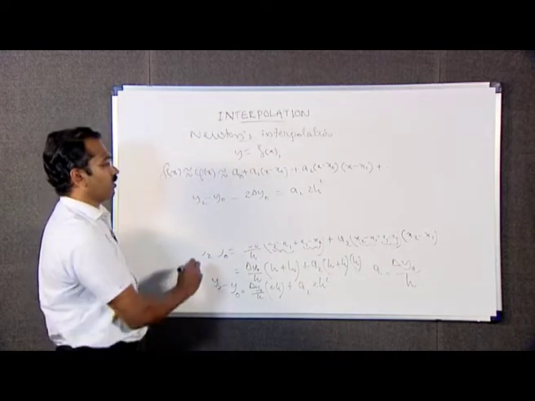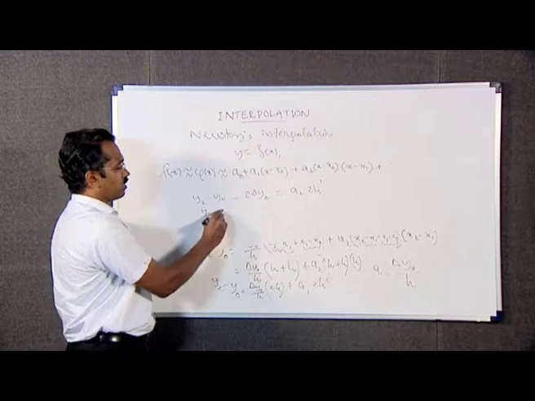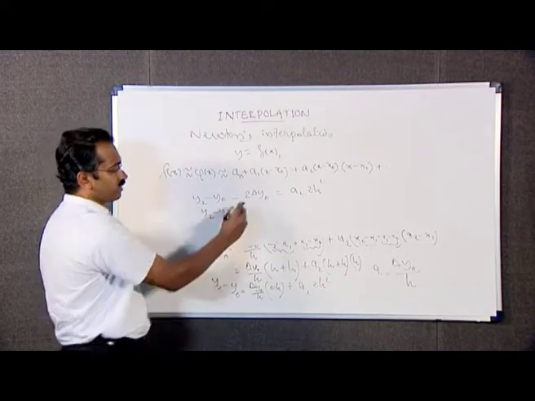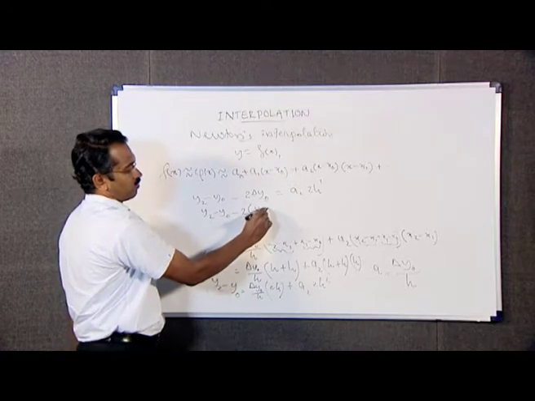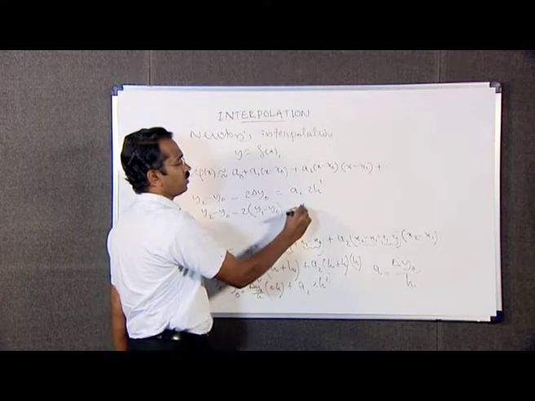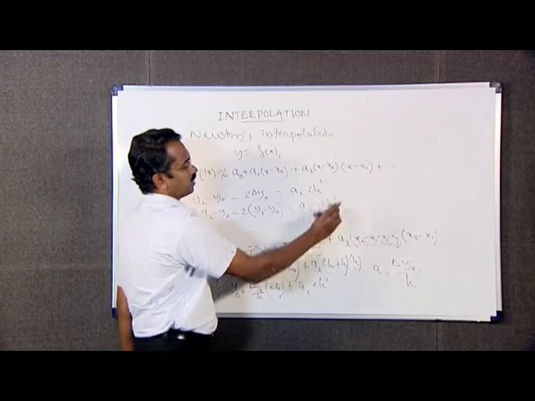That is y2 minus y naught minus 2 times delta y naught, where delta y naught is y1 minus y naught, is equal to a2 into 2h square.